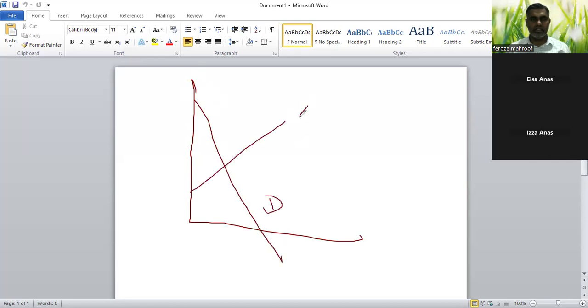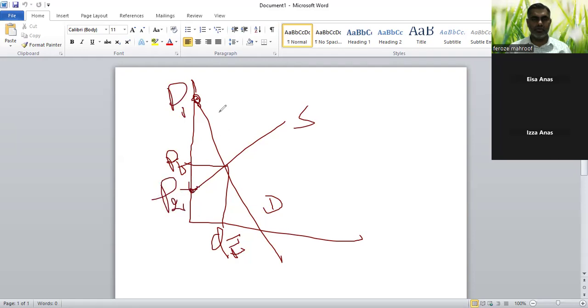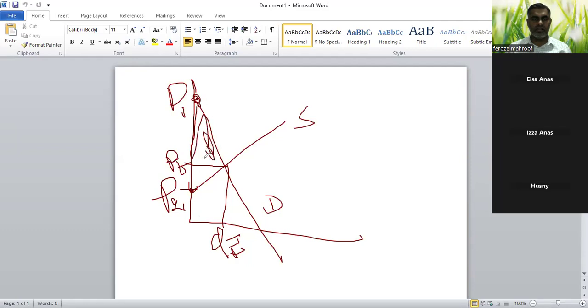This is the supply curve. This equilibrium price is coming. Equilibrium quantity is coming. This is the maximum demand price P1. This is the minimum supply price P2. This area is consumer surplus, and this area, what I am showing in the blue color, is producer surplus.